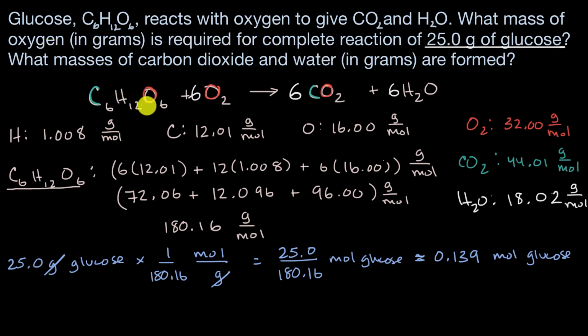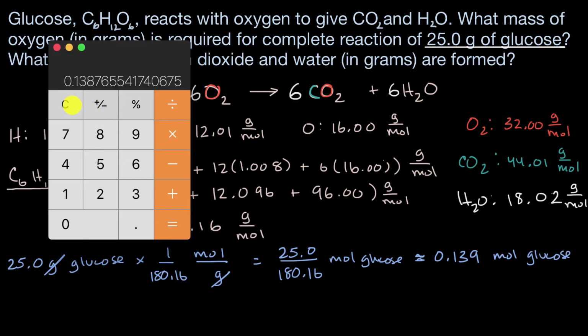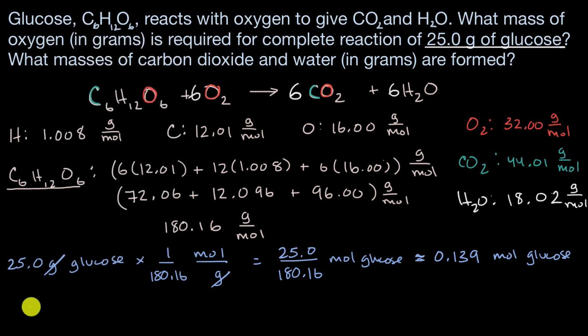Well, for every mole of glucose, we need 6 moles of molecular oxygen. And so let me just multiply that times 6. And remember, I had 3 significant figures. So 0.833.